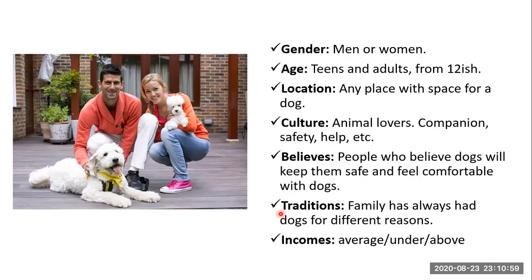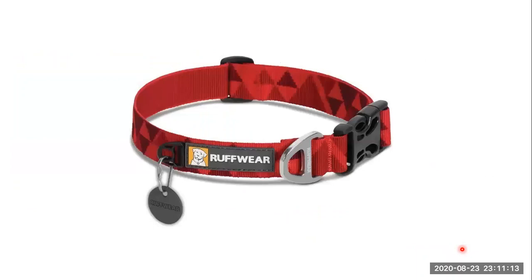What kind of incomes? I think that everybody, with average incomes, under average incomes, and above average incomes, can buy a necklace. This one looks kind of expensive because it has this heavy metal piece here for the lace, and probably it includes this metal for the name, and it looks kind of strong.